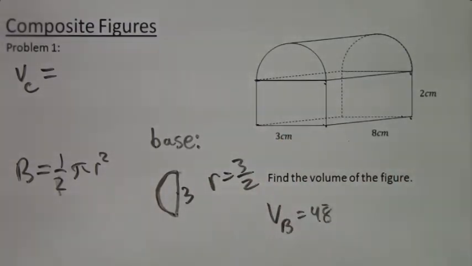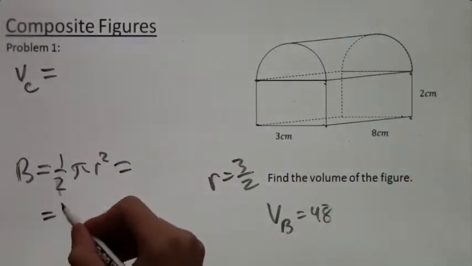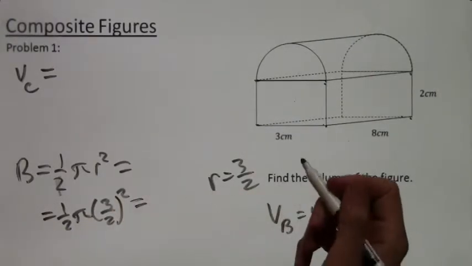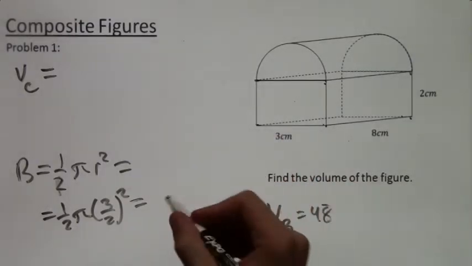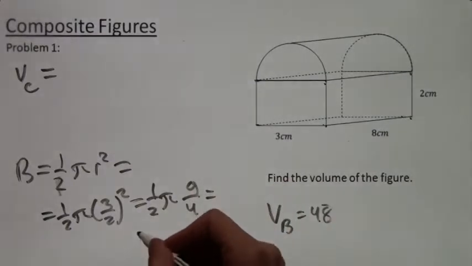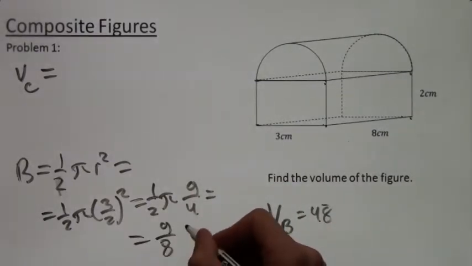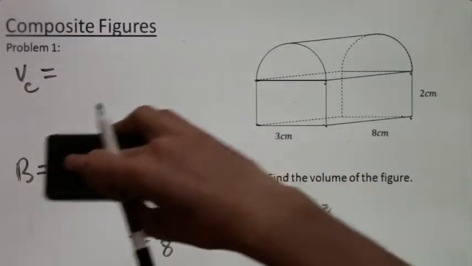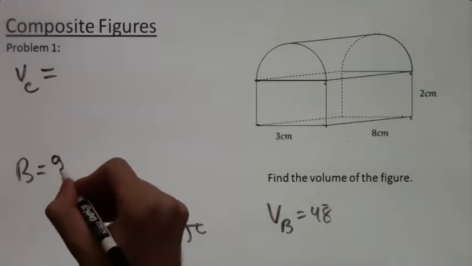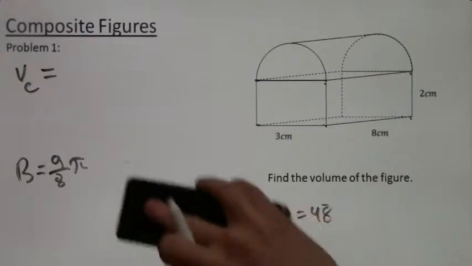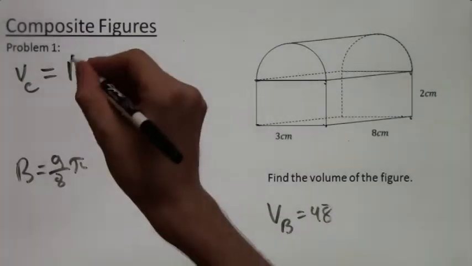So the radius is 3 divided by 2. So the base area of this figure is 1/2 pi times 3 over 2 squared. And that we simplify: 1/2 pi times 9 over 4, which is 9 over 8 pi. There. So that's the base area. And now that we know the area of the base, we just multiply it by the height to get the volume.